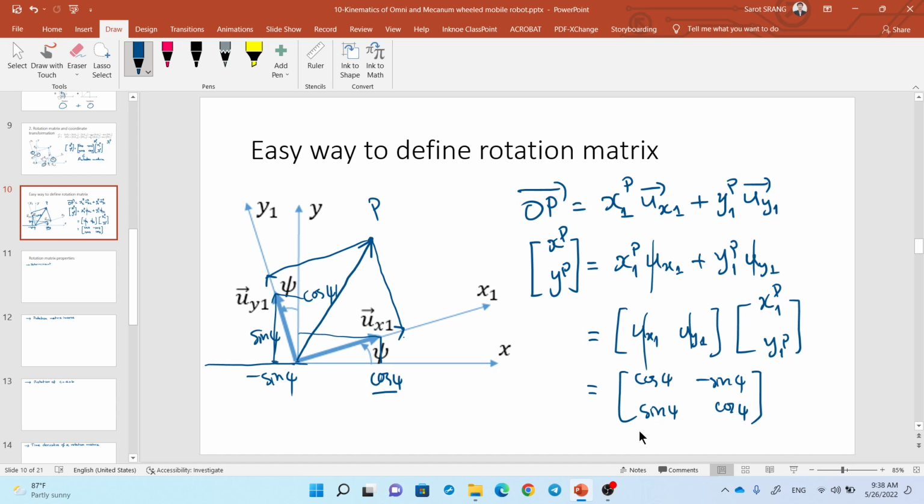So this is the rotation matrix. So as long as you know psi and you know the coordinate that is fixed on the robot, you can always transform the coordinate into the global frame, of the vector from the origin of the robot to the point on the robot.